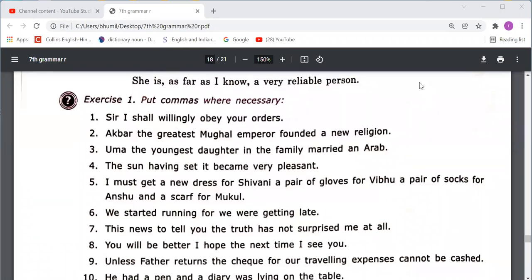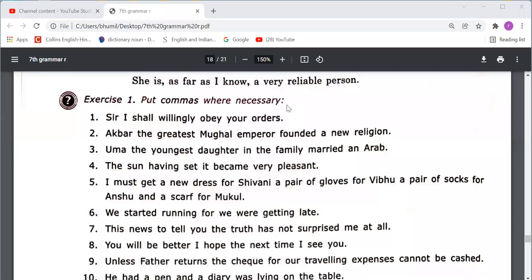Akbar, the greatest Mughal emperor, founded a new religion. So, who will give me the answer of this sentence? Rupal, you please tell me. Rupal, unmute yourself.